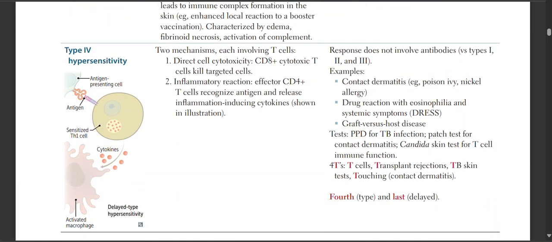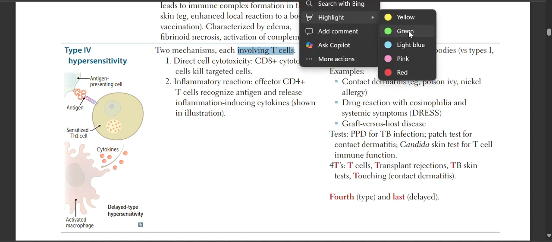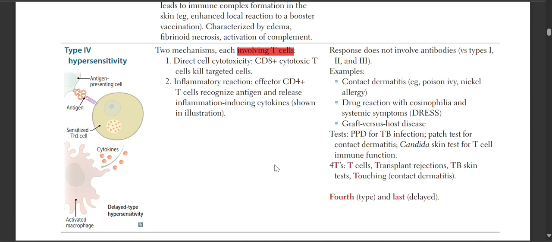Finally, we have type 4 hypersensitivity reaction. Now, if there is only one thing that you need to remember, it is that they involve the T cells. What type of T cells do we have?